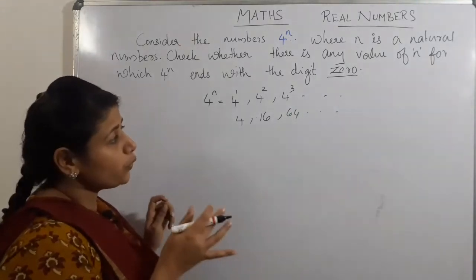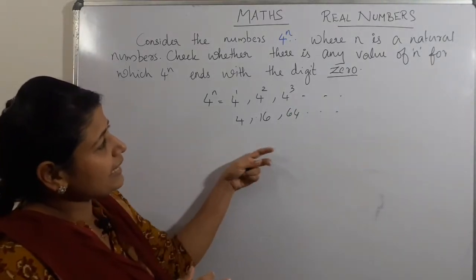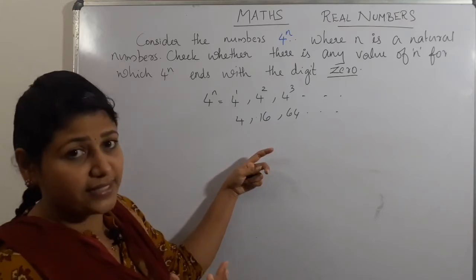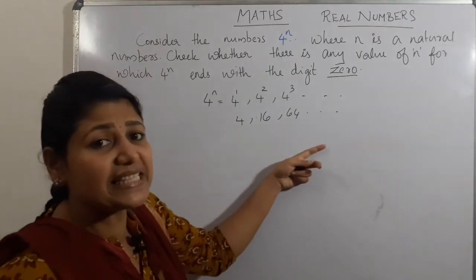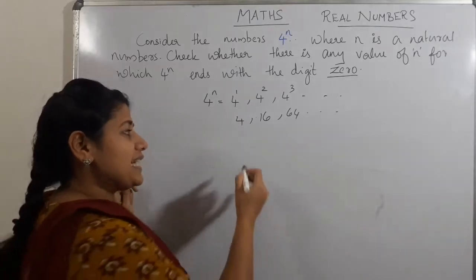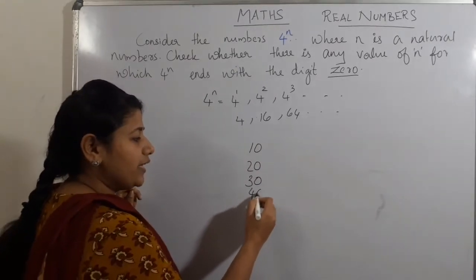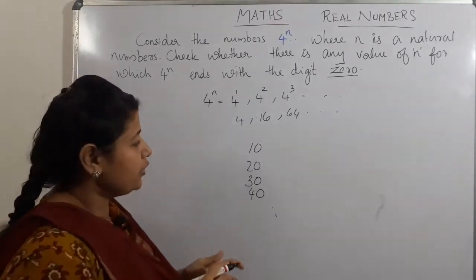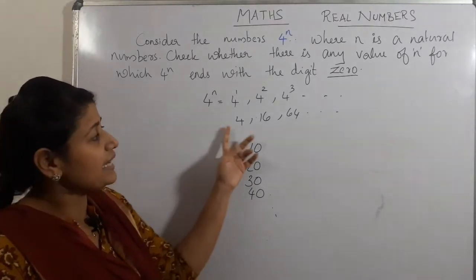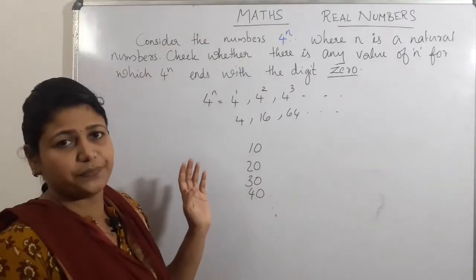We want to find out whether any one term in this sequence ends in 0, which means numbers like 10, 20, 30, 40, etc. Can you find any multiple of 10 in this sequence? That is the question.